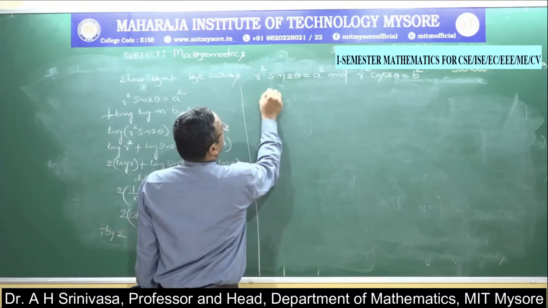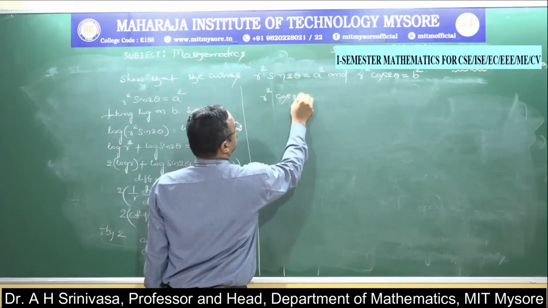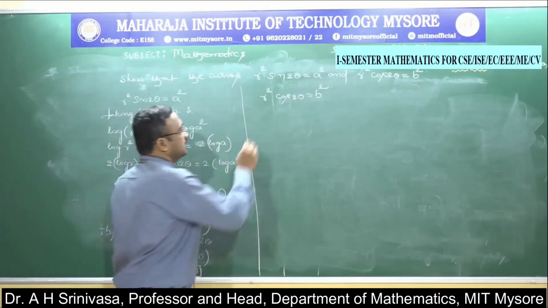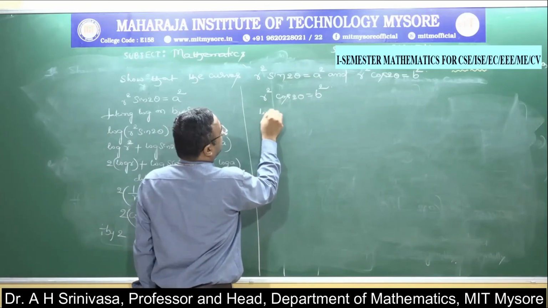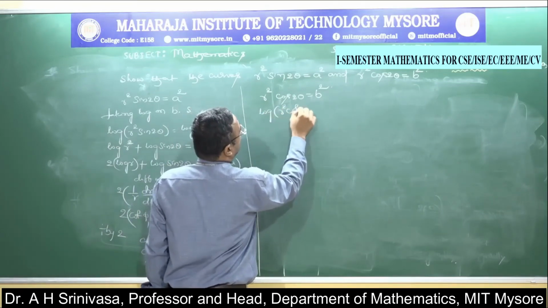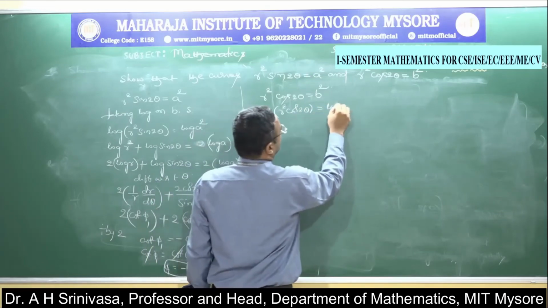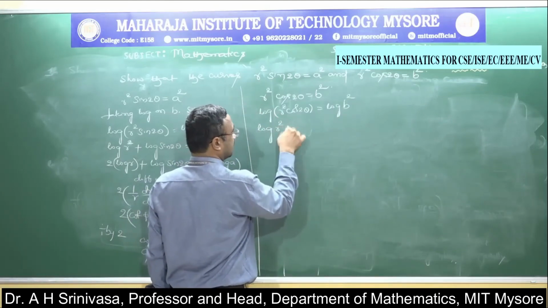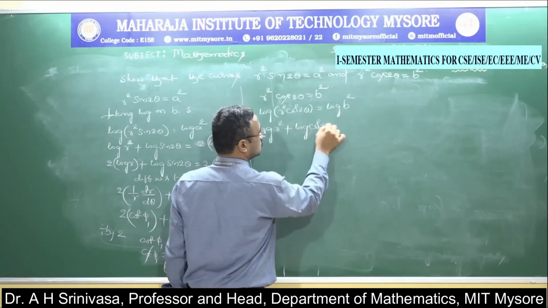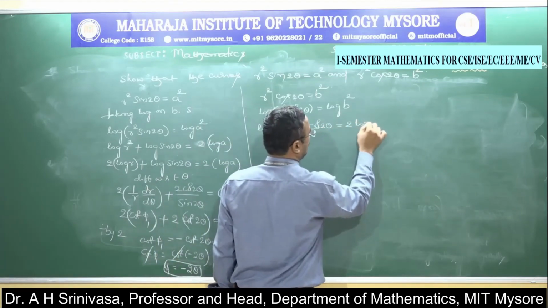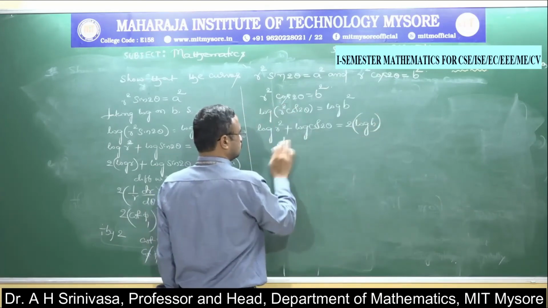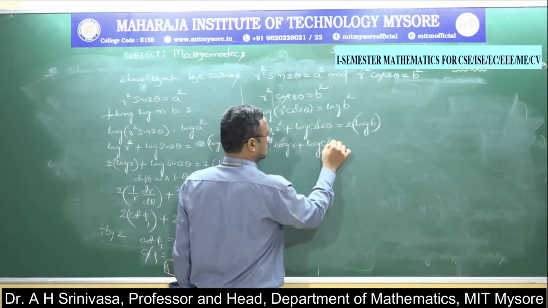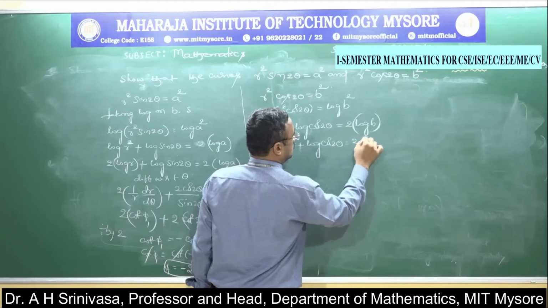Next, the same procedure for the other one, r² cos 2θ equal to b². First you take the log on both sides, then you simplify this one. This becomes log of r² cos 2θ equal to logarithm of b². Log r² plus logarithm of cos 2θ equal to 2 times log b. Then 2 log r plus logarithm of cos 2θ equal to 2 log b.